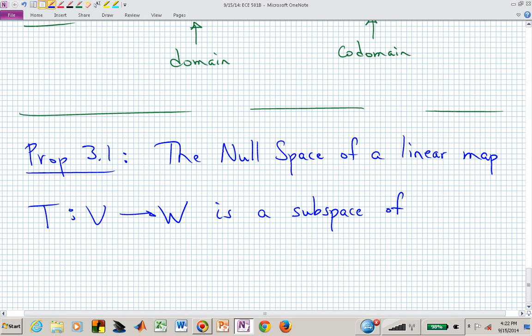What are my options? When we talk of a subspace, we're now saying what vectors in the domain map to the 0 vector in the codomain. So this has to be a subspace in the domain, which is V. The null space of a linear map T from V to W is a subspace of V.